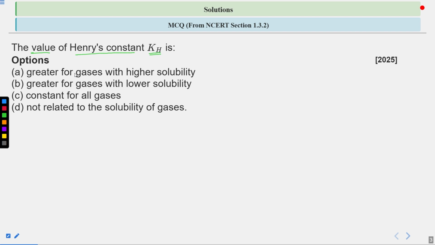The four options given are: greater for gases with higher solubility, greater for gases with lower solubility, constant for all the gases, or not related to the solubility of gases. You have to find the correct statement. So you have some time, go through it, think about it, and then we will continue to the correct answer.